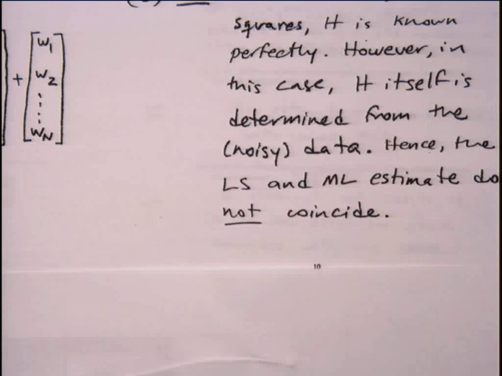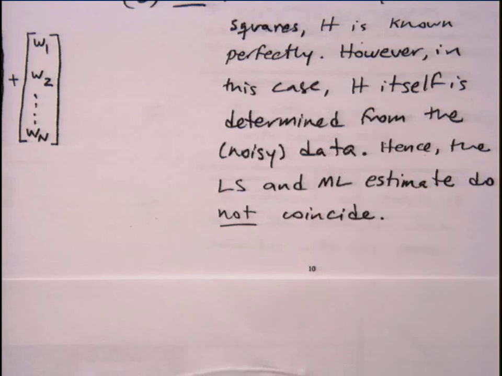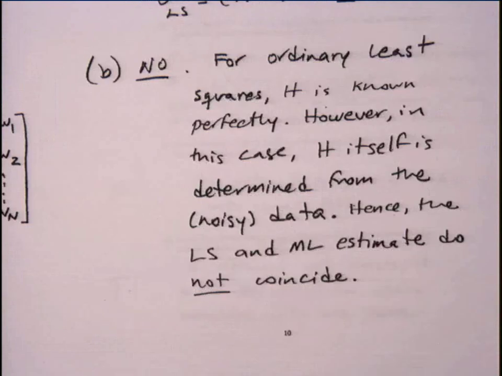And the reason the answer is no is because for ordinary least squares, H is in fact known perfectly. Okay? However, in this case, H itself is a bunch of noisy measurements of Z. So H depends on the data.